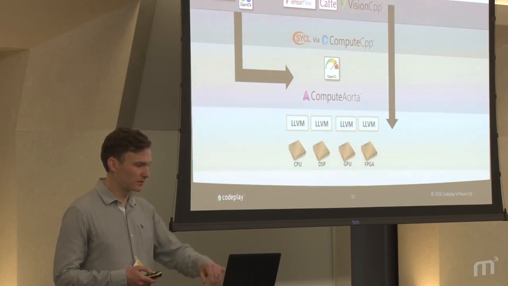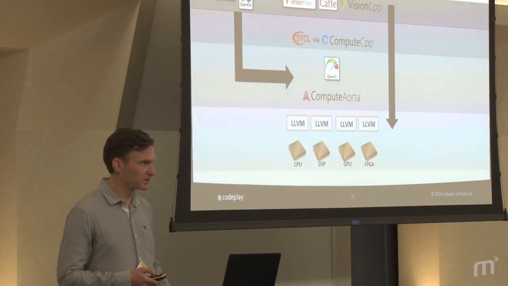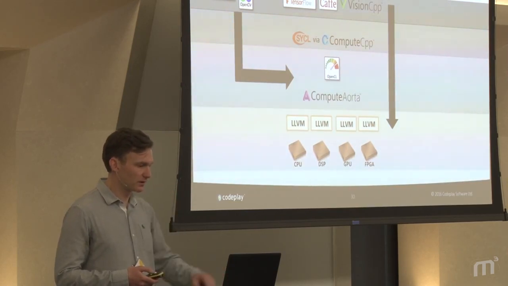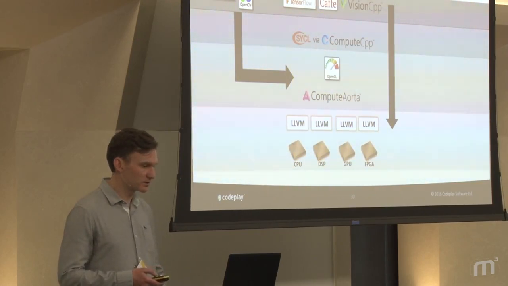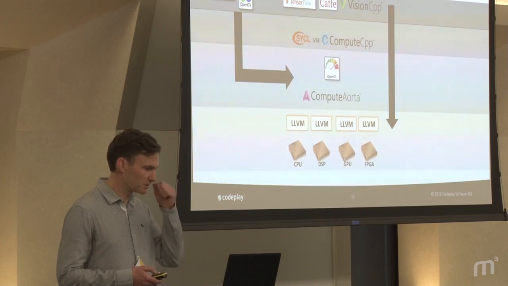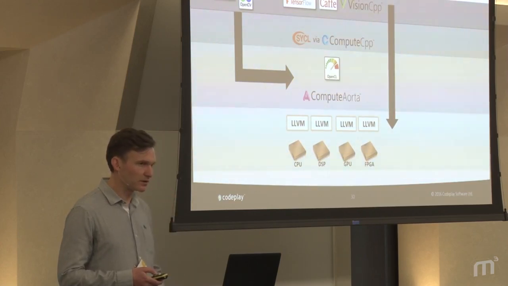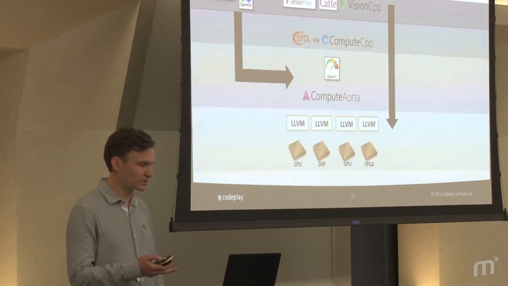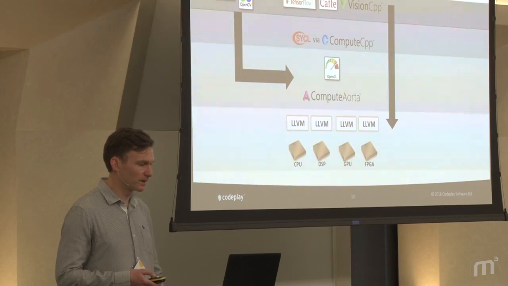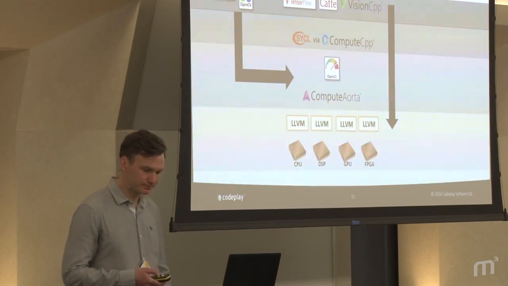OpenCV already has an OpenCL implementation, which is quite handy, so that can be enabled on any hardware that already supports OpenCL instructions. And then the other frameworks are enabled via SYCL, which in our case is using ComputeCpp and Compute IORTA. But as I say, you can choose the implementations that you slot into those layers.